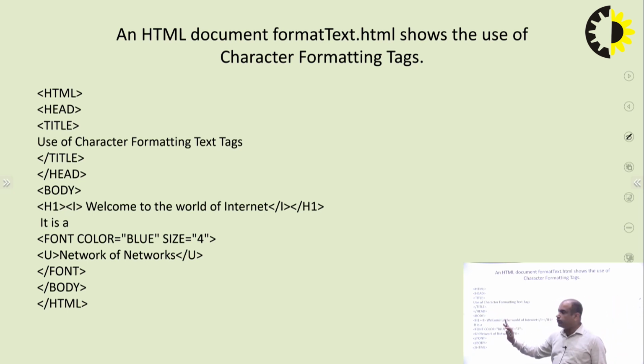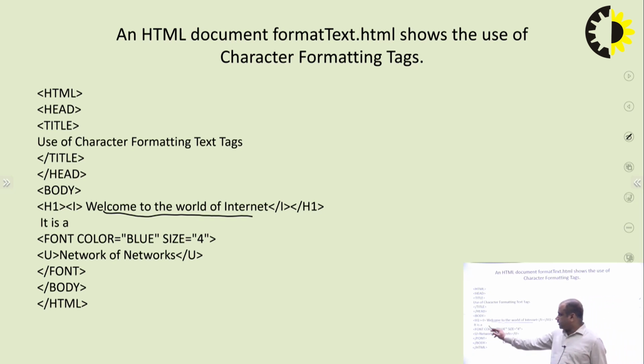Once the head tag is closed, next the body tag starts. In the body tag, here I will write the h1 tag. H1 means heading tag. We will discuss it later in later slides also. And I write I. Once I write the I, automatically this content is in italic face with the heading tag.